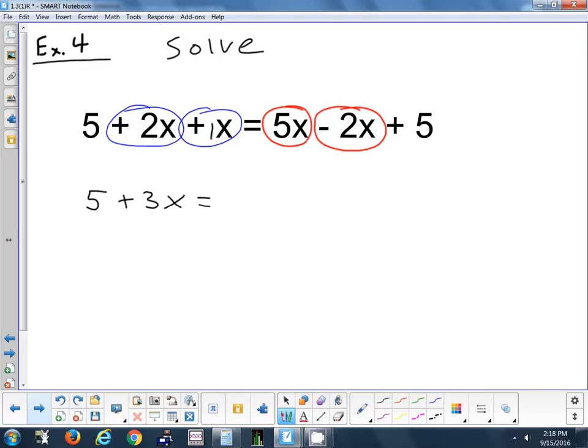So we have 3x. And now on the other side, I've got 5x minus 2x. Right? 3x. That's 3x. And I still have a plus 5.